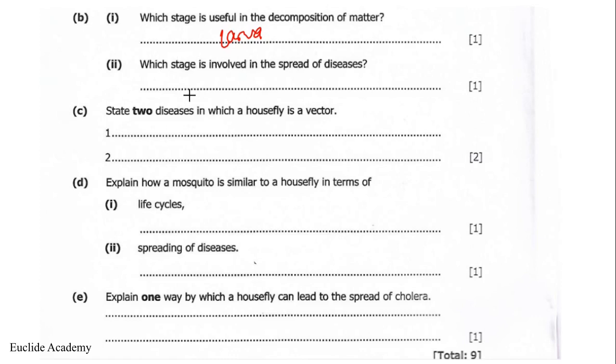So that is with the housefly. So which stage is involved in the spread of disease? That would be S, or the adult stage. So we'll say stage S.